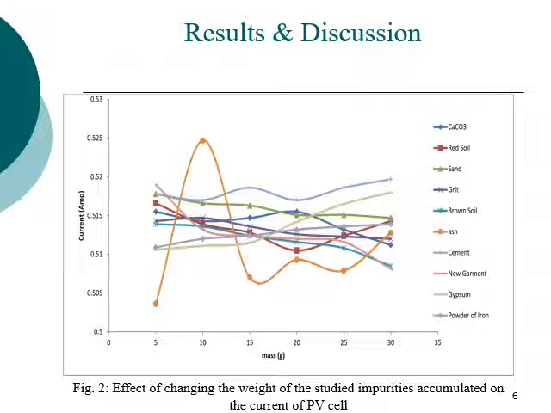Okay, so when we check them, we can find they are close in general. This is the effect of this dust when we put it on the panel and check the impact on current. We can see here they are close. It's not clear because you can see the size of the y-axis: 0.51, 0.515, 0.52. So they are close in general.